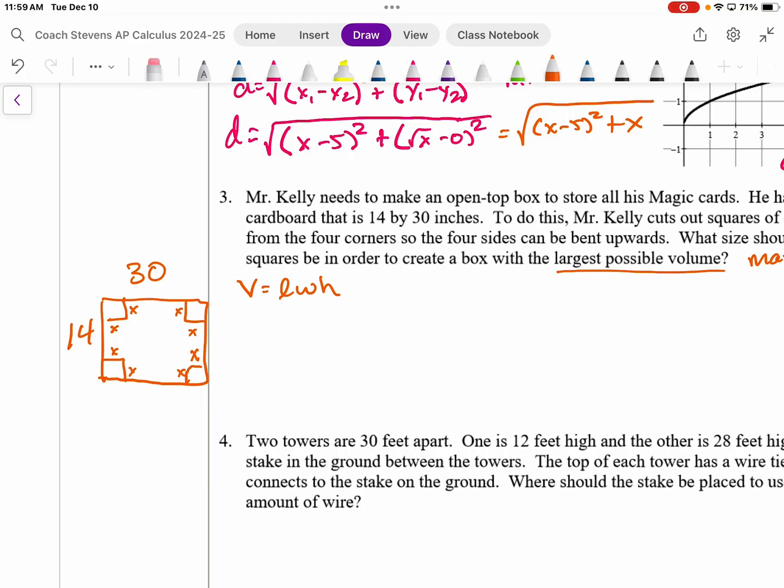Well, if I cut out the squares and I fold up the edges, what's the height? What letter? Instead of being h in the formula, technically, based on our picture, what's the height represented with which letter? If I cut out each of these squares and I fold the edges up, what represents the height technically in this problem?